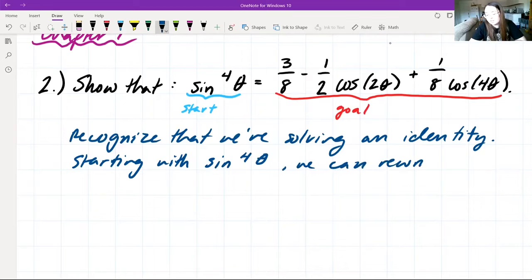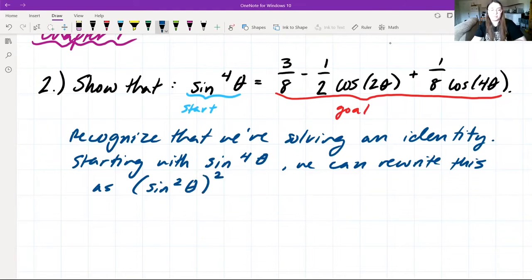We're going to rewrite this because we know that we have lots of equations for sine squared of theta. And sine to the power of 4 of theta is the same thing as sine squared of theta, squared. So we're going to rewrite this as sine squared of theta squared. So now we can do a lot with our sine squared of theta.